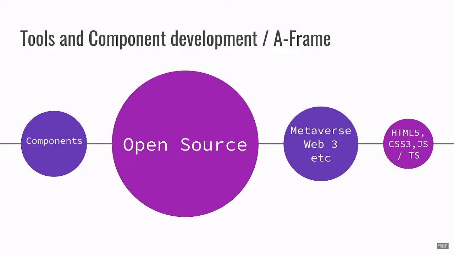So this is just a conception of how this feeds into WebXR in general, the development of WebXR as a platform, metaverse, all this sort of thing, Web 3.0. So we've got components, make them open source, and so on. And then those are the key technologies, I think.